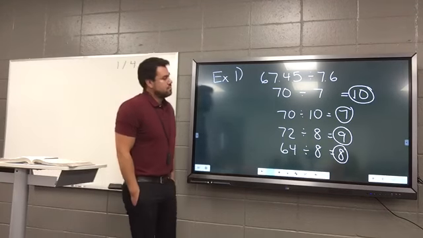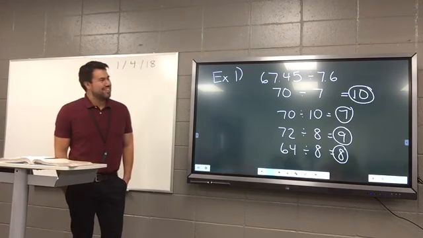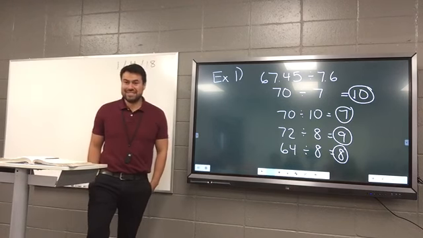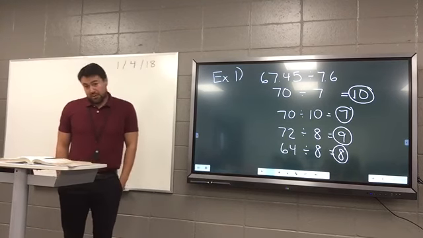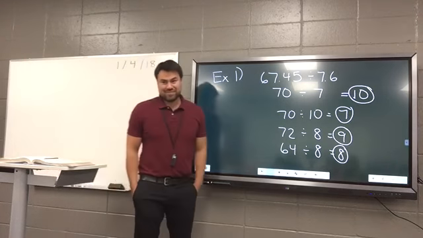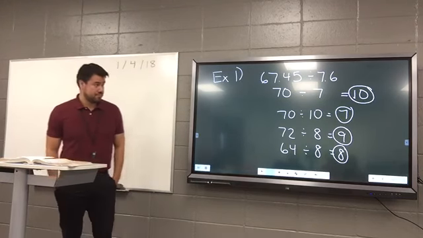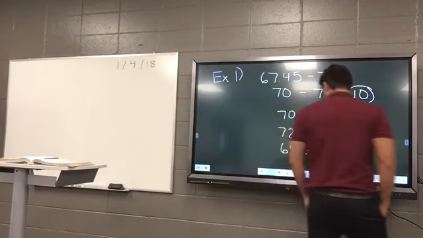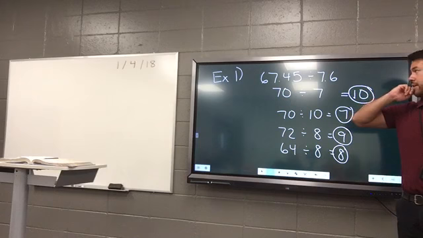Because the 72 is more, better to use, I guess. Maybe it's better to use. It's all right. Yep, Caroline? 70 is closer to 67, and 7 is closer to 7.6. So why is it closer than 9? Gotcha. This is where I want you to think a little bit here.